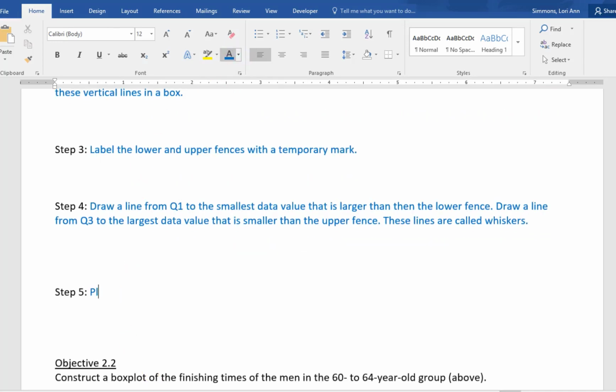Step 5, plot outliers. Mark with an asterisk. Remove the temporary marks labeling the fences.